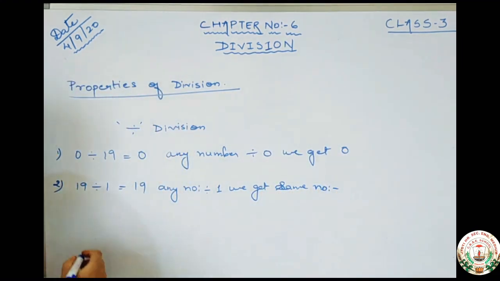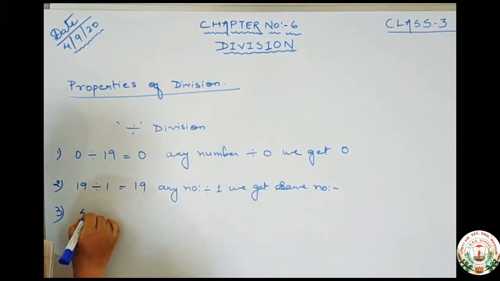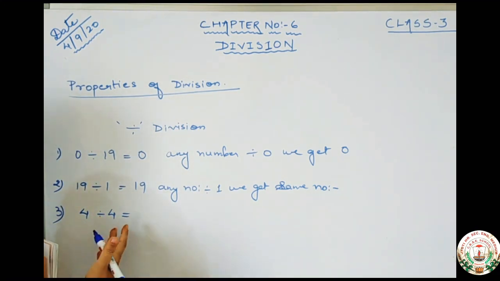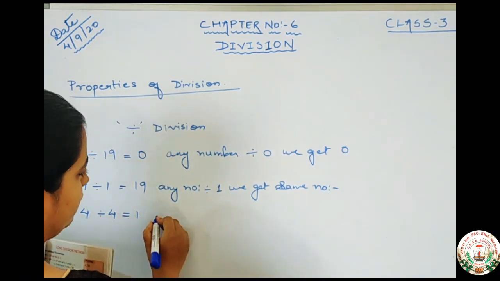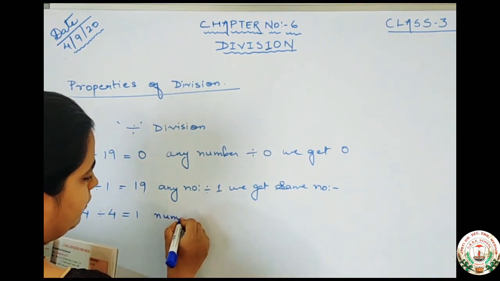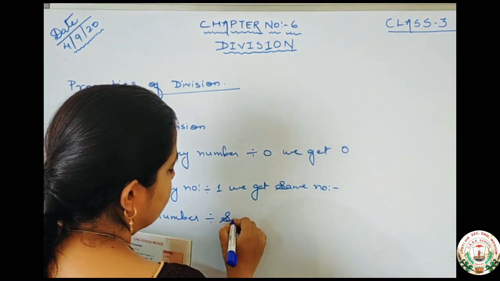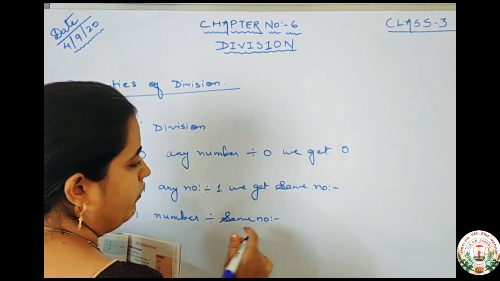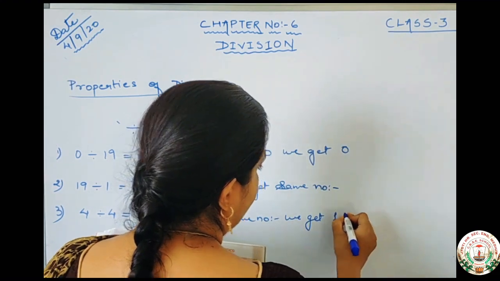Now, the third one: if a number is divided by the number itself, we will get 1 as the answer. A number divided by itself, or the same number, we get 1 as the answer.